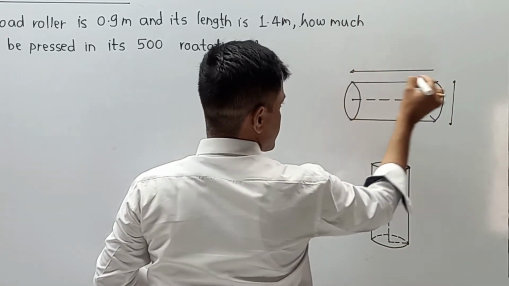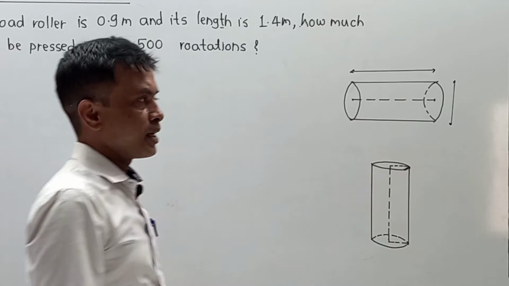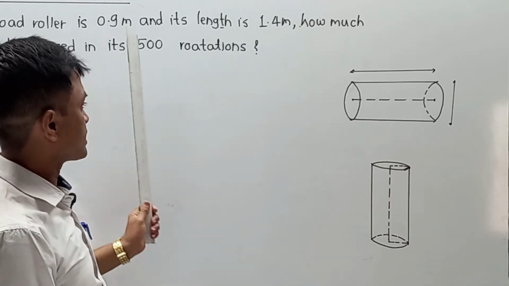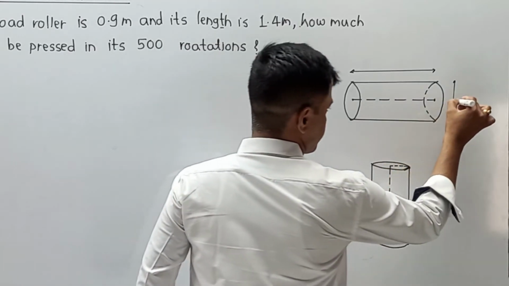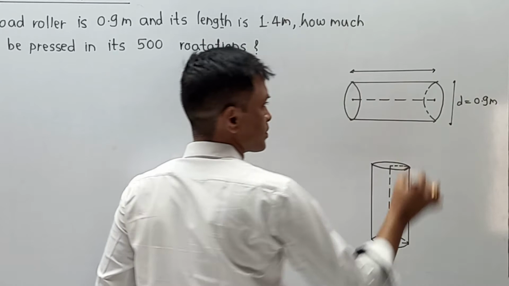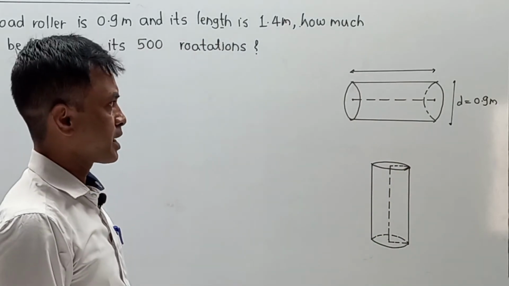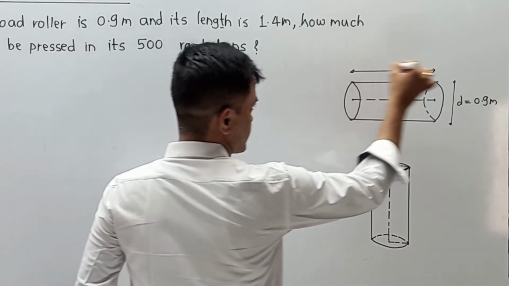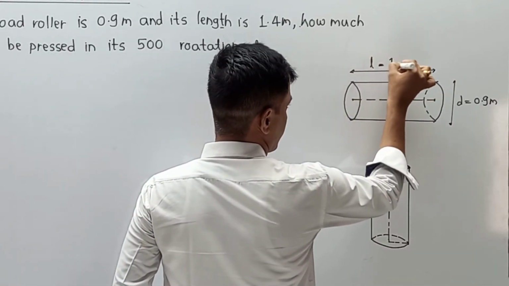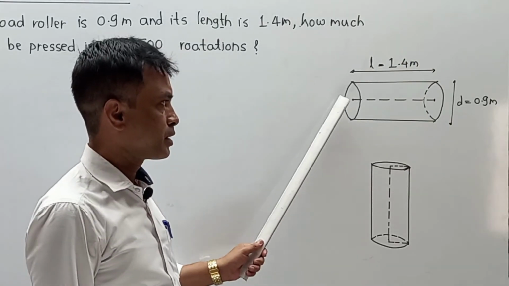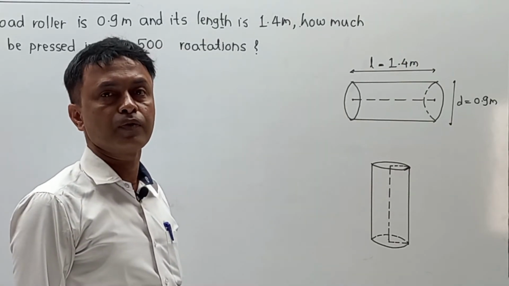Now why I am trying to describe over here, the reason is that if you are considering the road roller as horizontal, then in that case its diameter is 0.9. Means in that case, first of all we are supposed to find its radius, and secondly its length is 1.4 meter. Now according to the geometry part, a road roller is nothing but a cylinder for us.